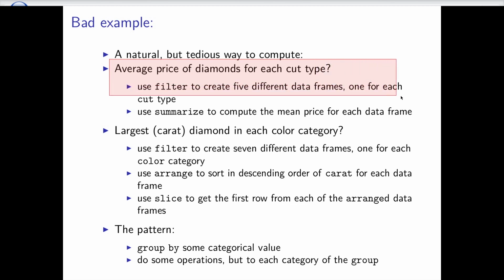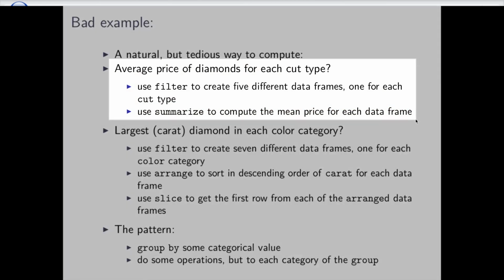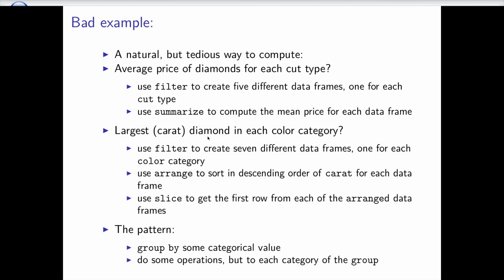A natural way to think about this would be, say, for average price of diamonds in each cut type, I'll use filter to create 5 different data frames, one filtering for each cut type, and then I can use summarize on each of those 5 data frames to compute the mean price for each data frame. Right? That you could do. What about finding the largest carat diamond in each color category?